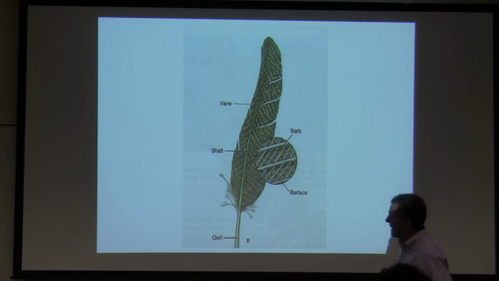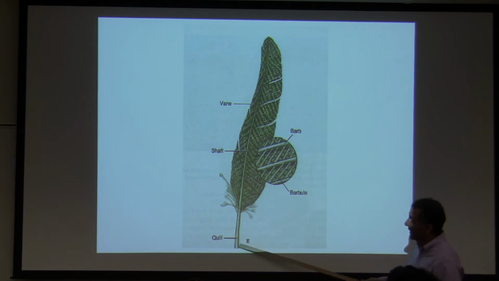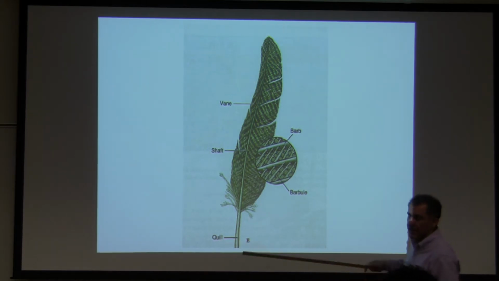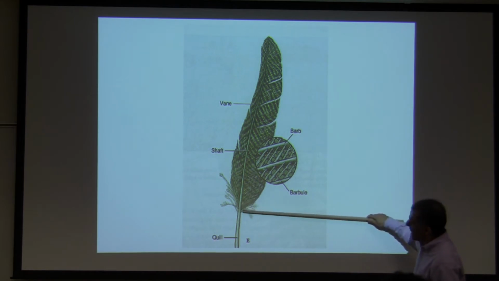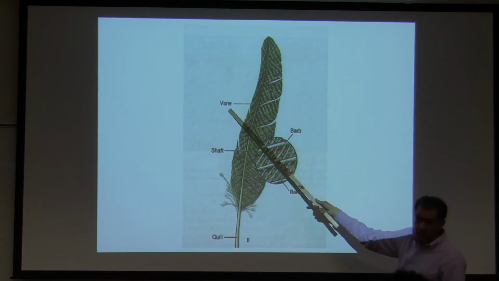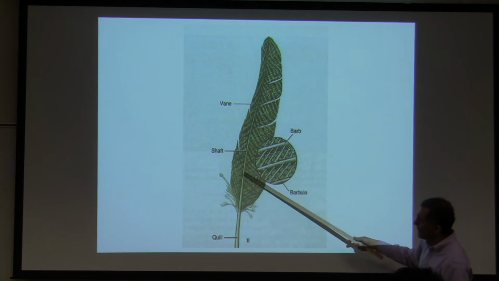Here's a vane feather. The anatomy of it, I would expect you to know this. The quill is the tip of the feather that attaches to the bird. And then this whole entire structure from here on up is called vane. Vane is made up of a shaft.